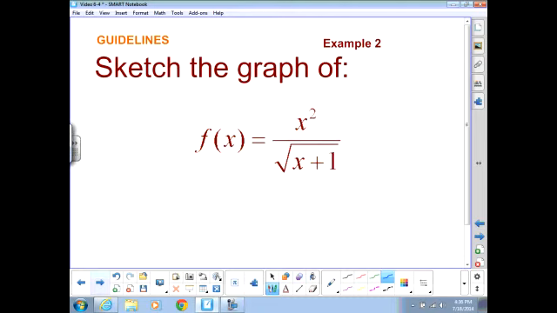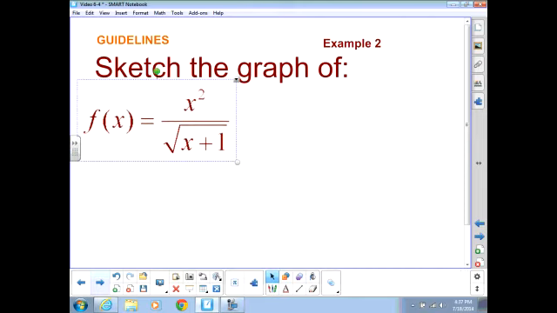We'll look at one more example. We've got f of x equal to x squared over square root of x plus 1. Let's start out with our domain.